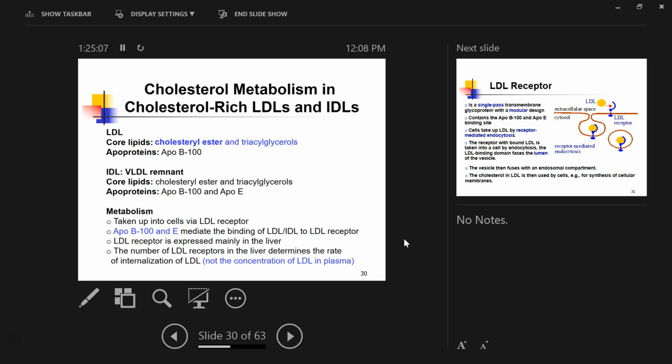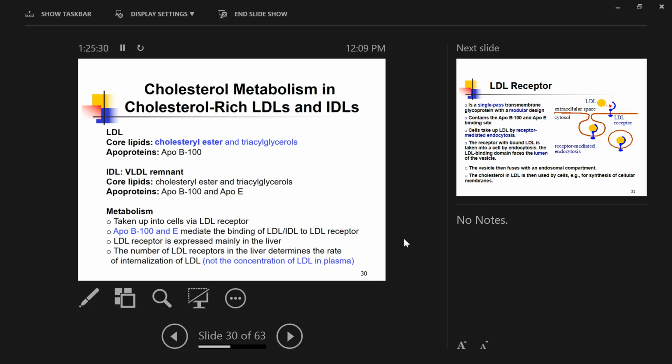Okay, so how is LDL metabolized? That is definitely related to cholesterol metabolism, or homeostasis. LDL is usually taken up into cells through the LDL receptors, right?